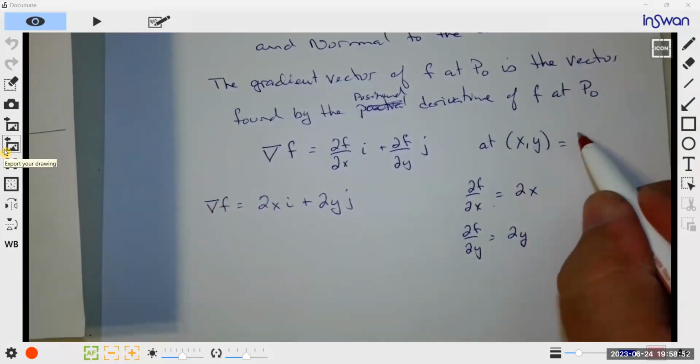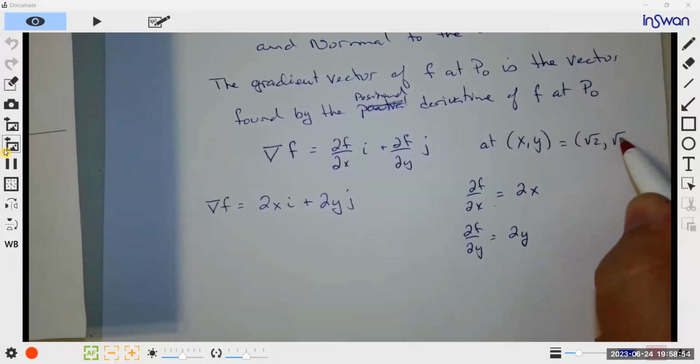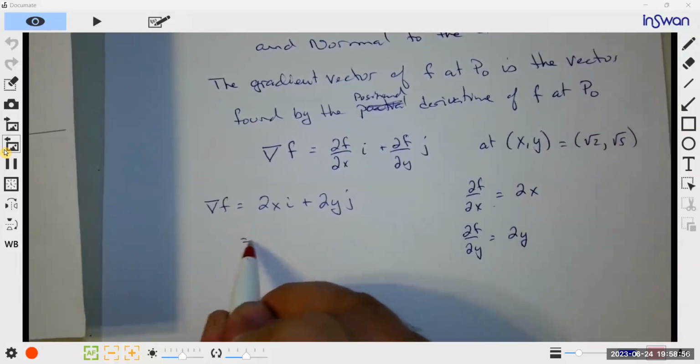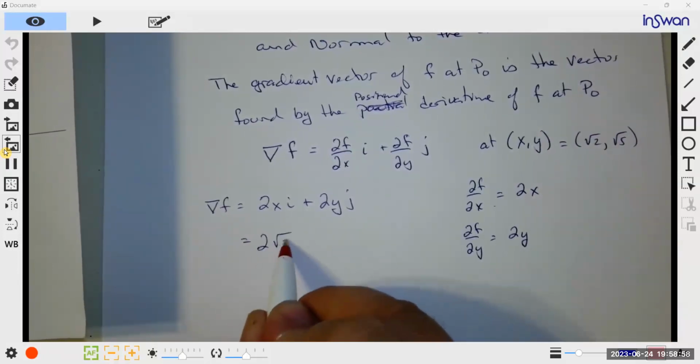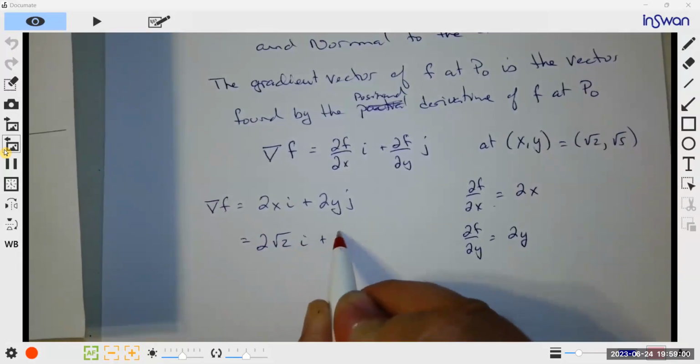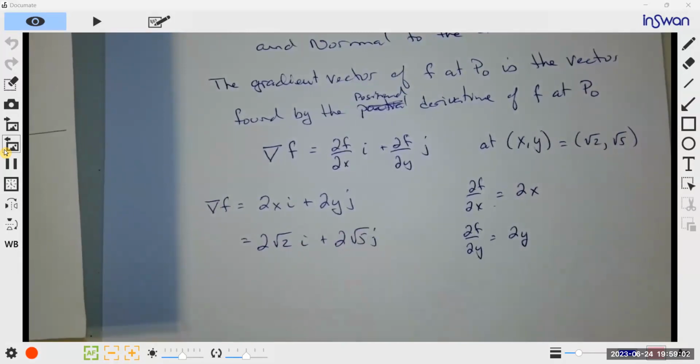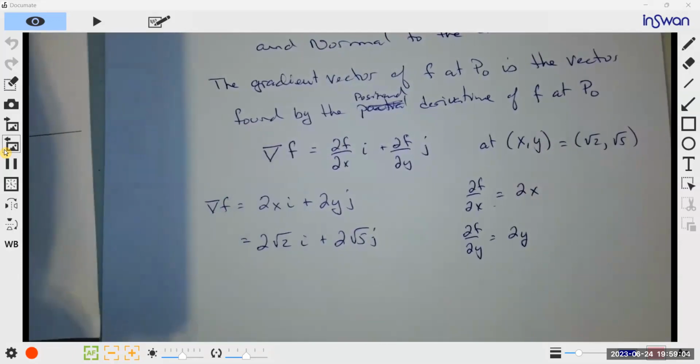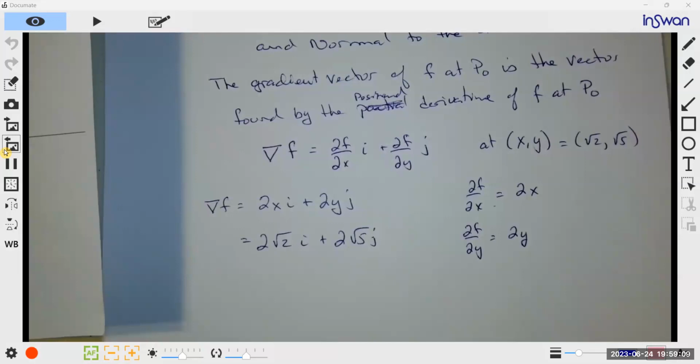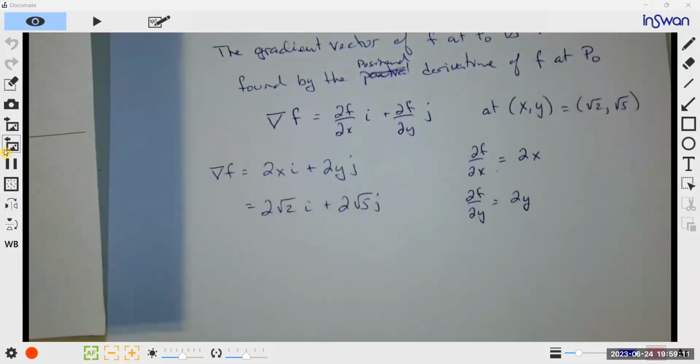And our points, x and y, are radical 2 and radical 5. So 2 radical 2 i plus 2 radical 5 j. So that's to find our del function.